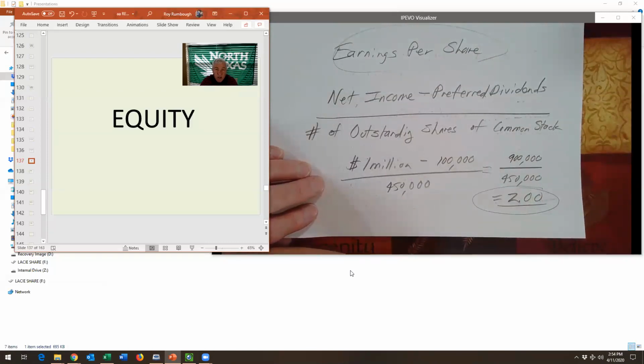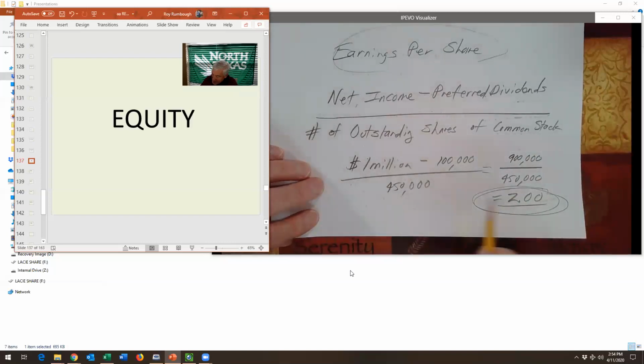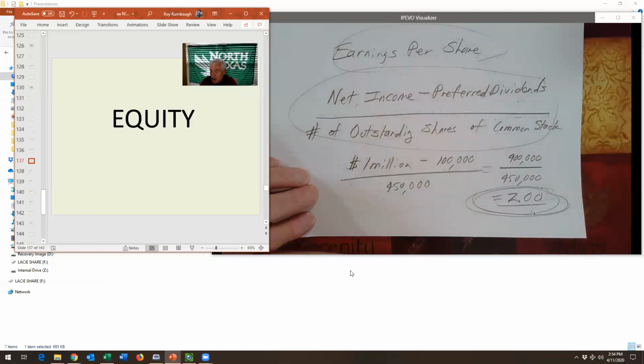That's called the PE ratio, and that tells me whether my stock is expensive, overpriced, or a cheap stock. You don't need to know the PE ratio, but I'm letting you know why it's so important. But you need to be able to calculate the earnings per share.